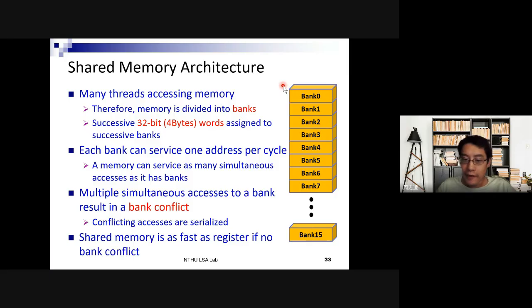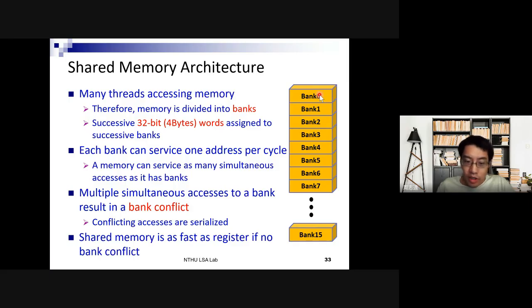However, on the other hand, if the data you try to access is located on the same bank, then unfortunately, maybe those data accesses are issued in parallel by different threads, but because the data is stored on the same bank, you have to read the data using a single channel, the same channel. That means the data access on the bank needs to be serialized, because each bank only has one channel.